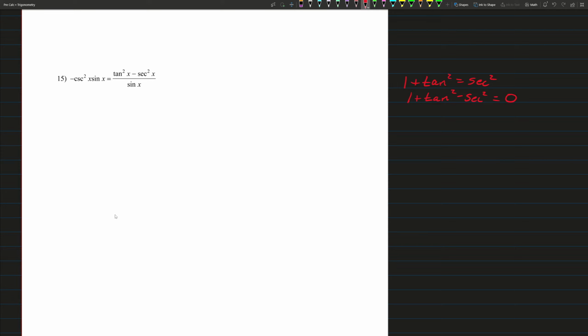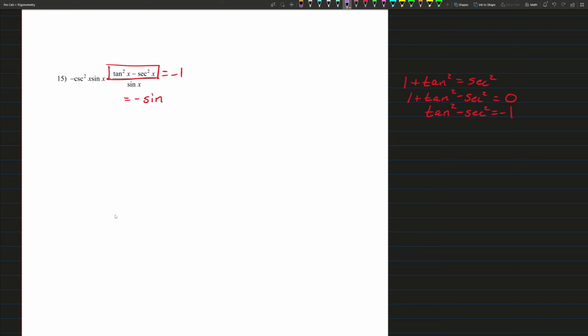And then if we subtract 1, we get tangent squared minus secant squared is equal to negative 1. So this numerator is just equal to negative 1, and this whole right-hand side is just equal to negative 1 over sine.